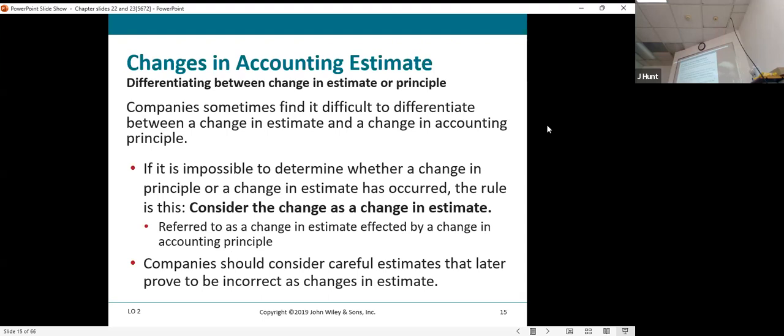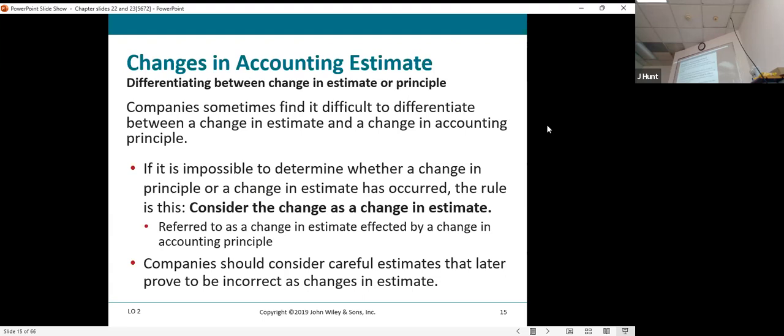So there's this question, how do we differentiate between a change in estimate and a change in principle? Because the argument could be made that, okay, I said that this is going to be obsolete in a year, and maybe that's an error because it really should be 5 years, but I was making an estimate.